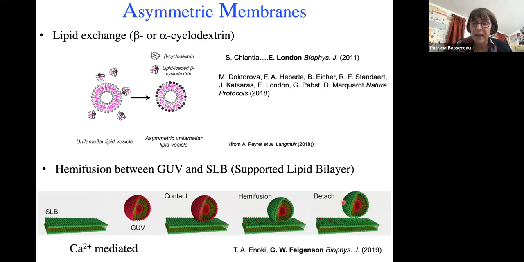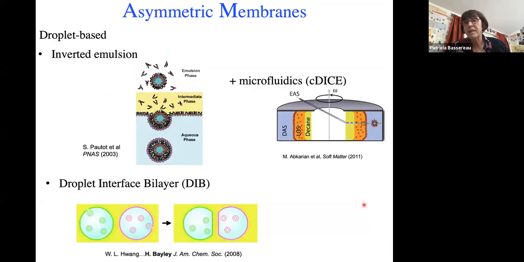And what you get at the end, if you rinse the calcium, you detach the vesicle, and you can collect a vesicle which have an asymmetric distribution. So this is a technique which is normally not used in oil.